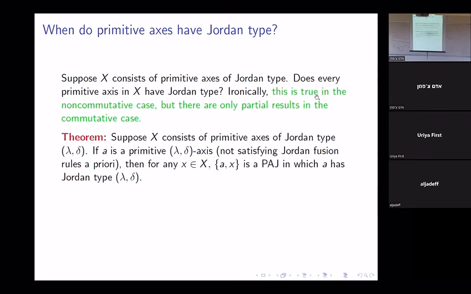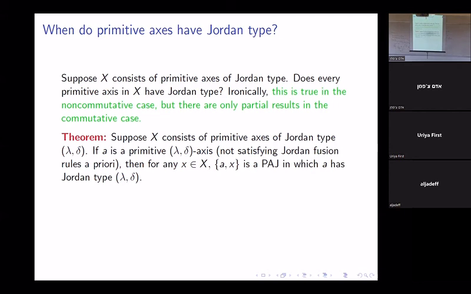We want to know whether it has Jordan type, because then we can take the algebra generated by any three primitive axes, and if two of them have Jordan type, the third one has Jordan type, and then we get that it satisfies the fusion rules.